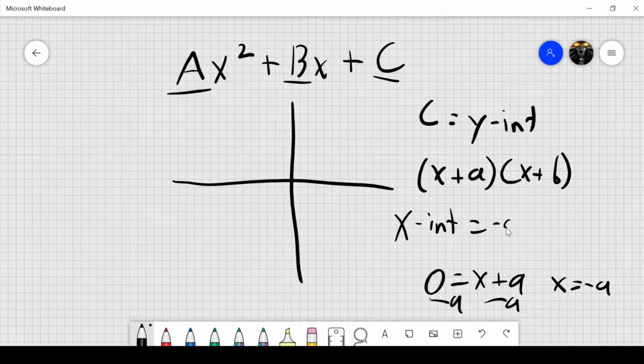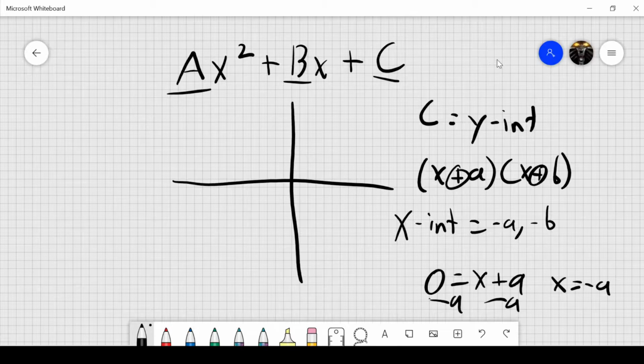In general, the rule is we take the inverse sign of our variable. So if we have positive A, positive B, we're going to have negative A, negative B. Again, wherever we hit on the x is going to help us determine shape and function.